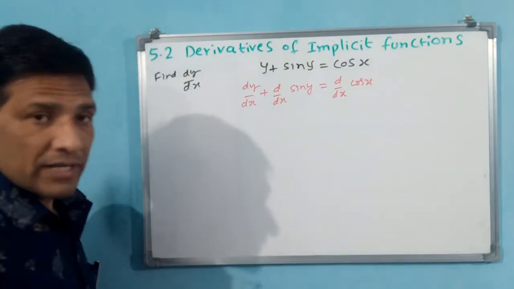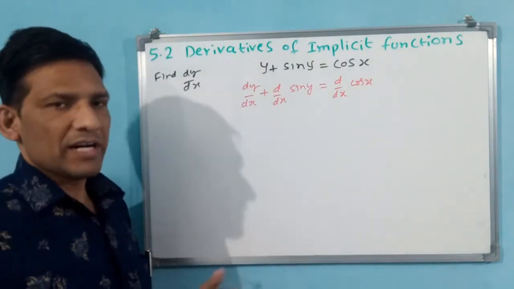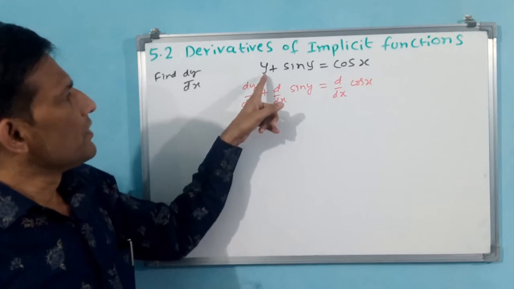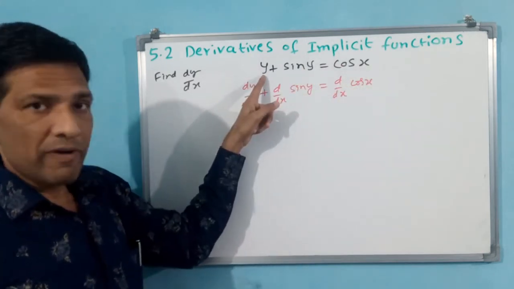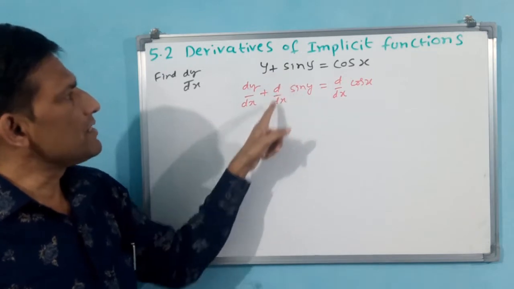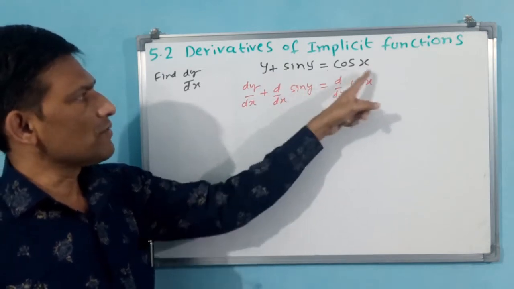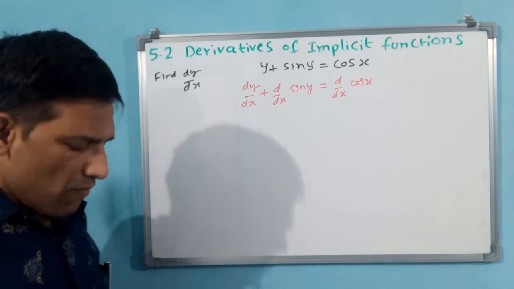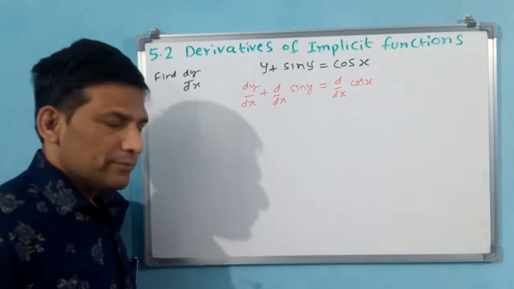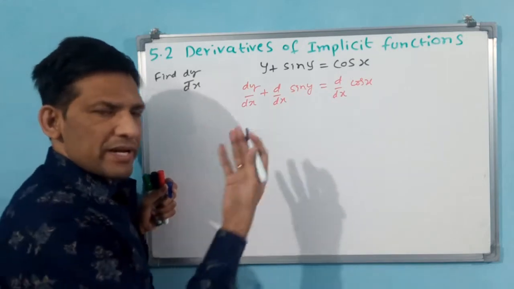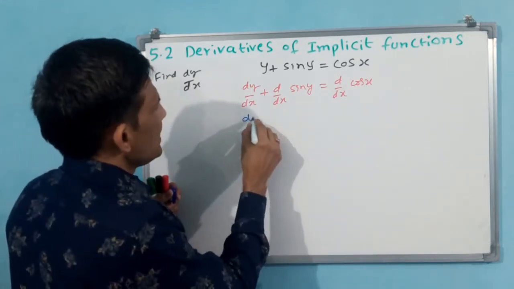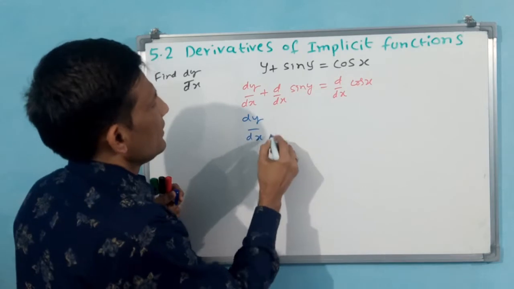First you see what I have written, because this step is important, then you can understand easily afterwards. Both sides I am taking the derivative: d by dx of y, d by dx of sin y, d by dx of cos x. Whatever comes, first you do it. The d y by dx is the last term, afterwards you cannot do anything, that is why dy by dx you keep like that.